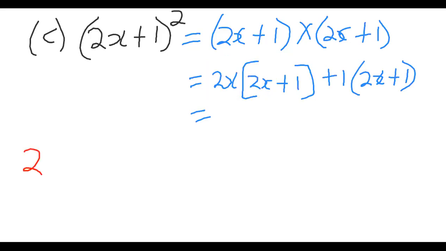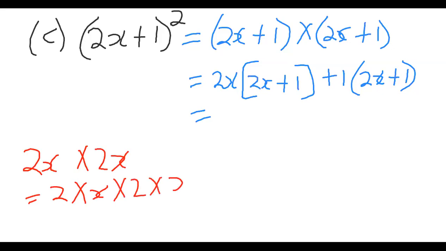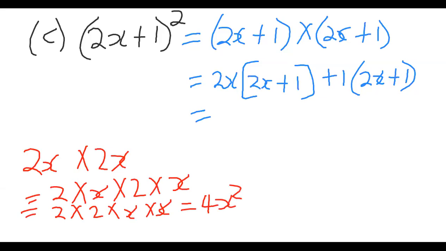In other words, 2x times 2x is the same as 2 times x times 2 times x, which is the same as 2 times 2 times x times x, which is 4x squared. But of course, I don't have to write everything there. So I'll just say this is 4x squared.